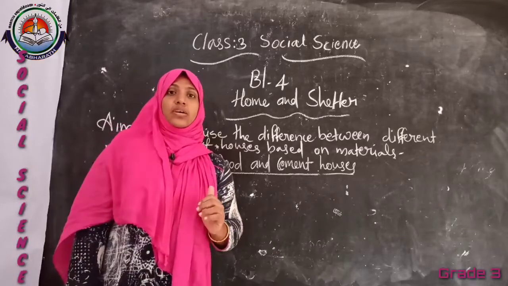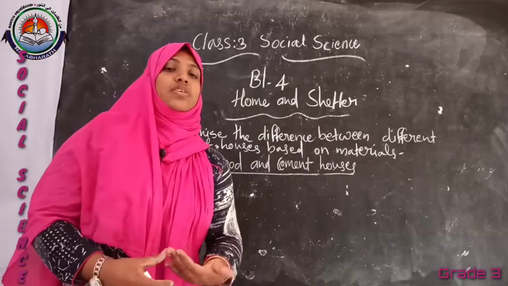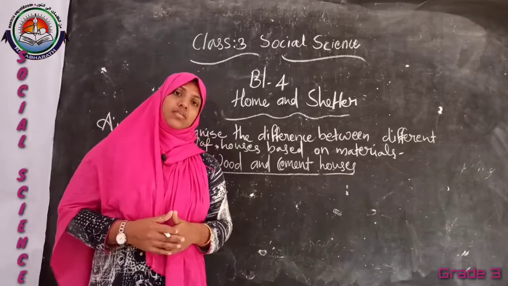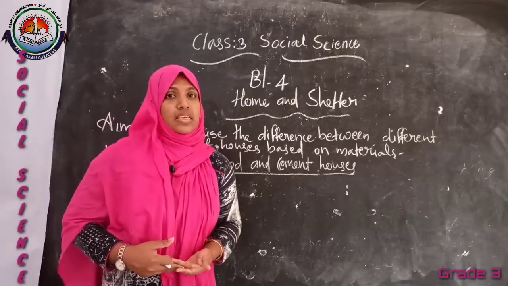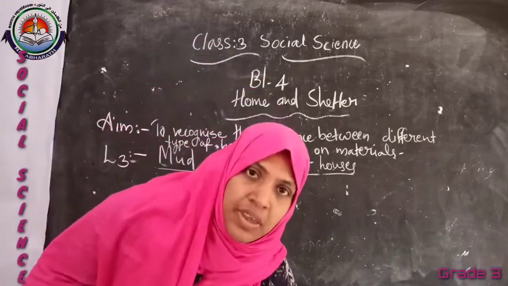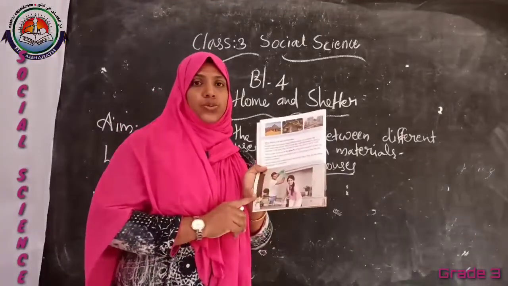So, we will look at the pictures from your content book and we will discuss how these houses are different and what materials are used to make these houses. All of you take your content book. Ready? Okay. Page number 22.